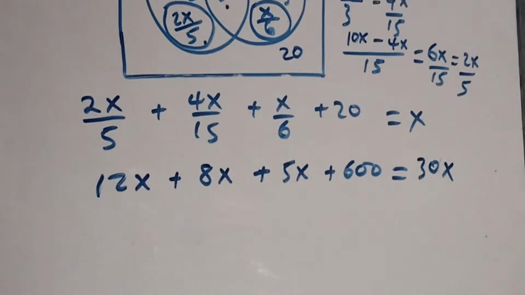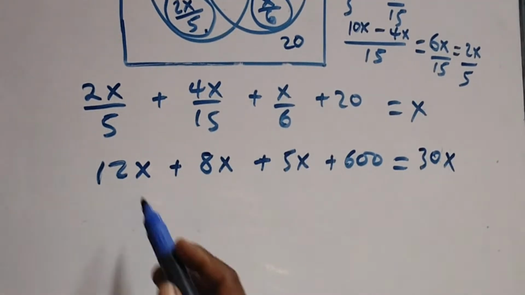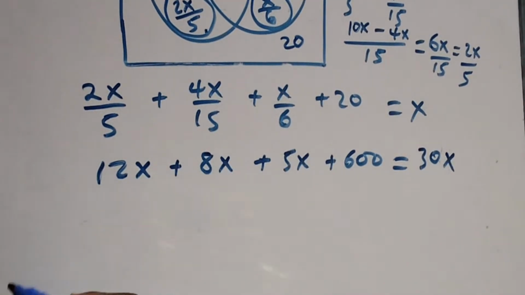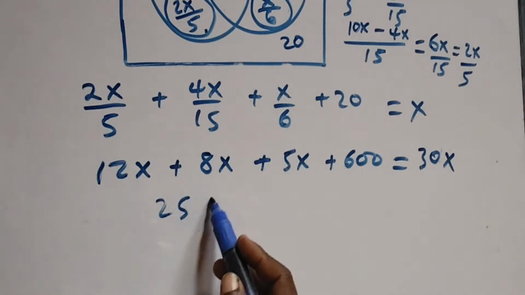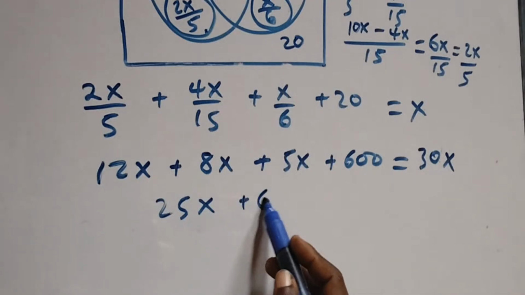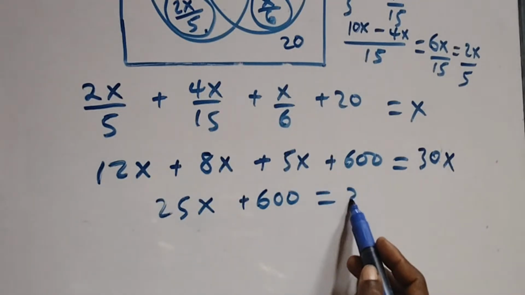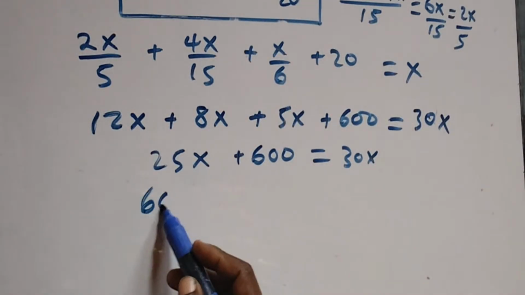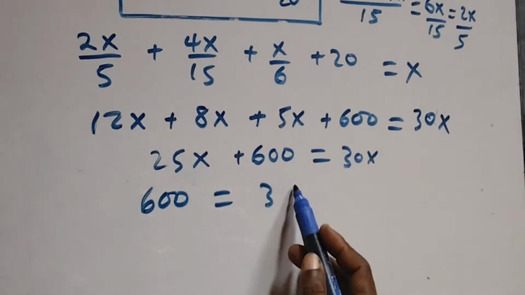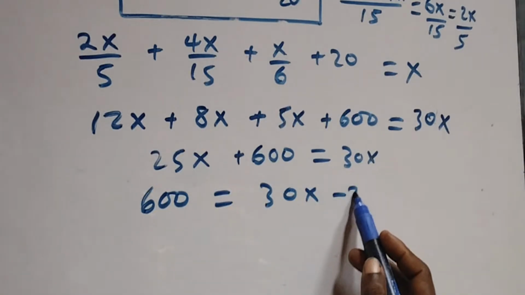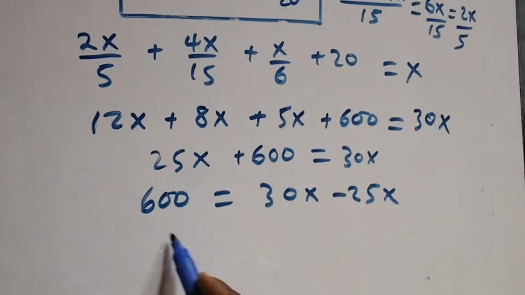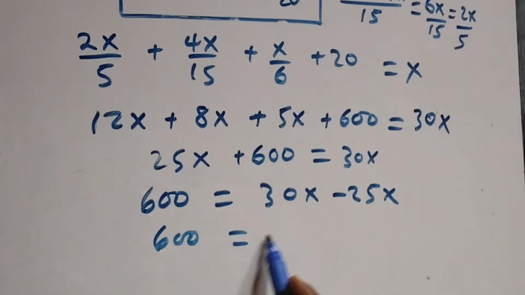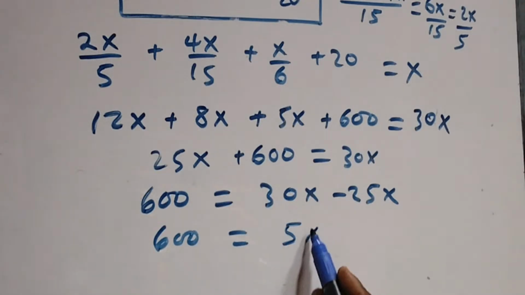Now, by the time we solve, we have 12x plus 8x, 20x, plus 5x, 25x, plus 600 equals 30x. So we can bring x to one side. Here we have 600 equals 30x minus 25x, 5x.